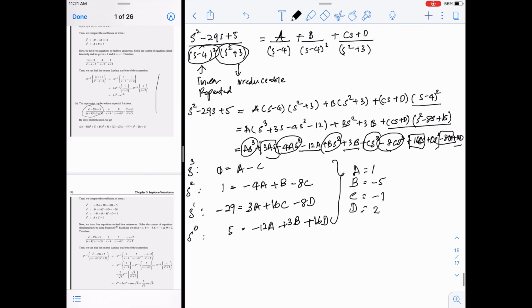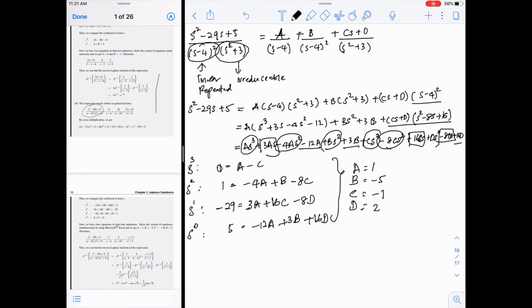So when you already have that, what you need to do is put in the representative partial fraction form that you have.